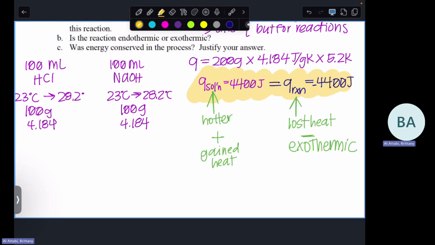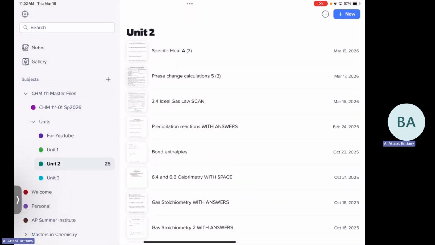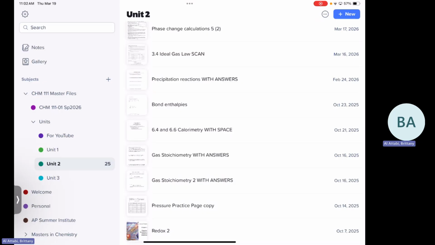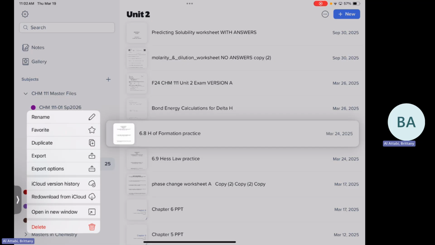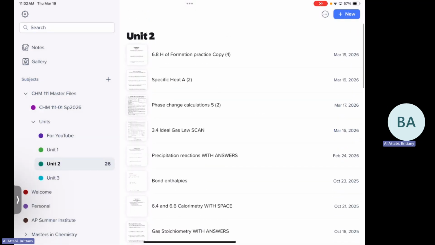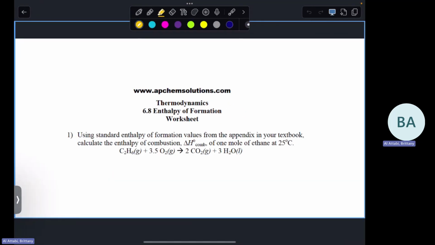All right? So this first one, we are looking at the heat of formation. So scientists have in a lab over time figured out how much energy is associated with the formation of various compounds.